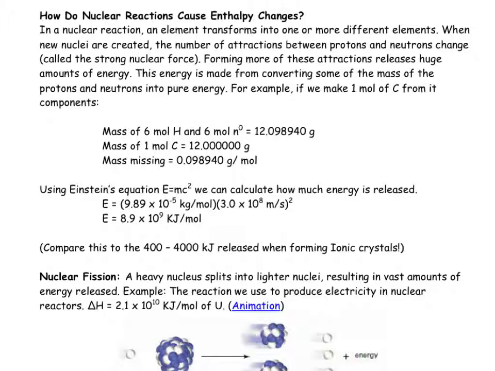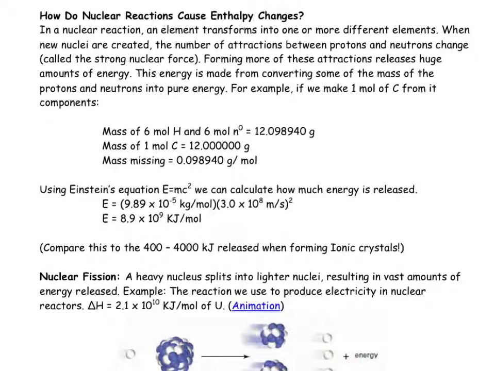Remember, a hydrogen is 1 proton and 1 electron, so that would give us an atom with 6 protons, 6 neutrons, and 6 electrons, which would match the components of a carbon atom. But we find the mass of 1 mole of carbon is 12 grams exactly. So we have a missing mass of 0.098940 grams per mole of carbon that's made.